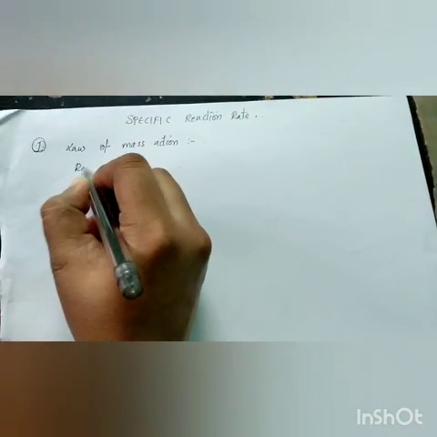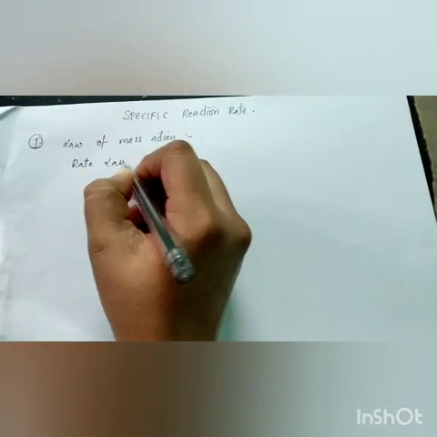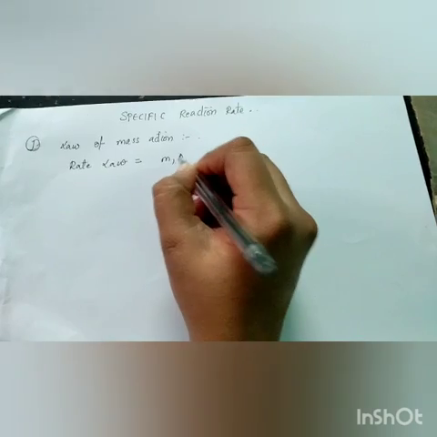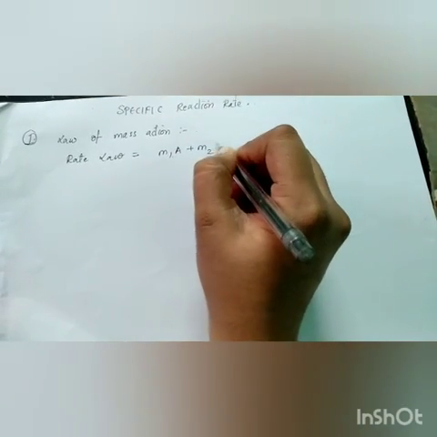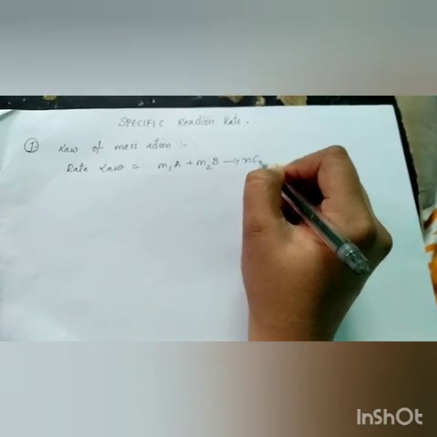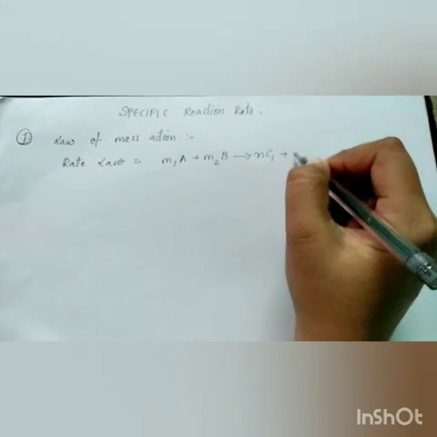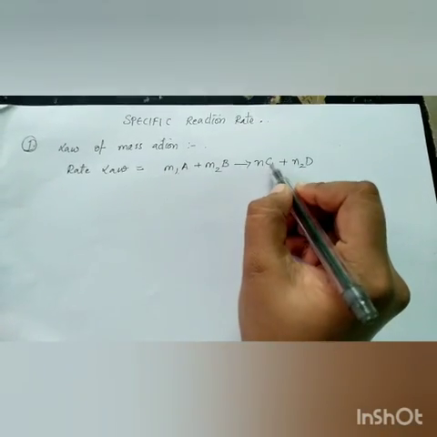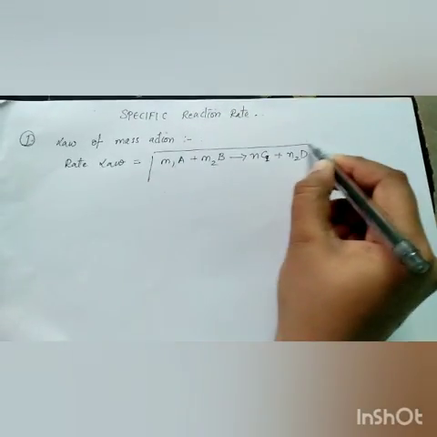We know the rate law equation. I'll tell you what the rate law equation is. It's written as m1A plus m2B gives n1C plus n2D. This is the rate law equation.